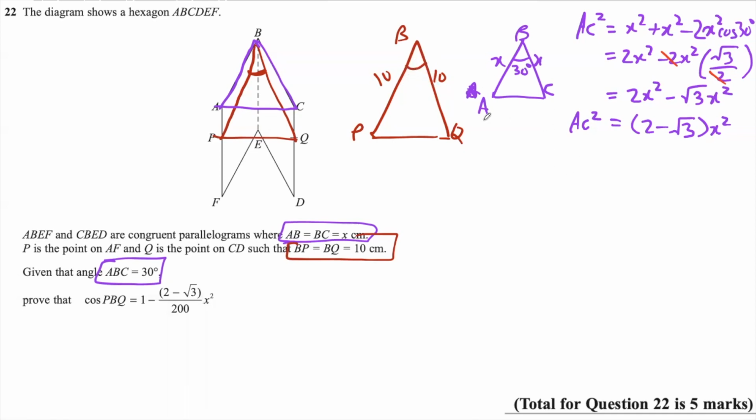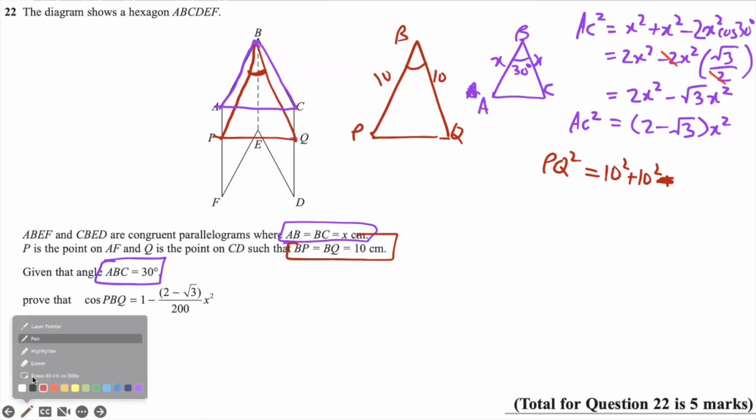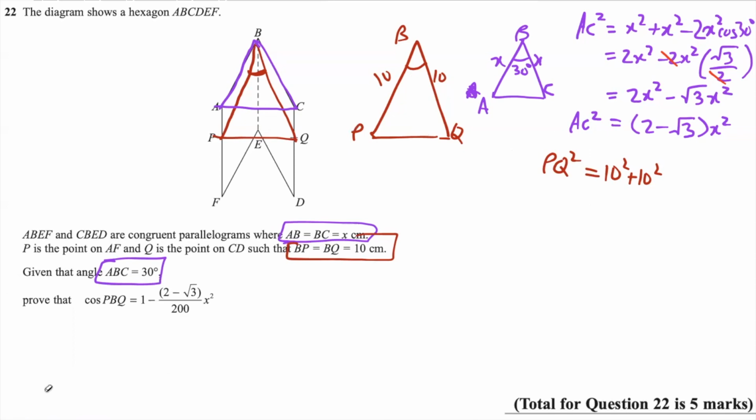So cos of PBQ: PQ squared, this side, equals 10 squared plus 10 squared minus 2 times 10 times 10, which is of course 100, cos of PBQ, and that is what we need to solve for.